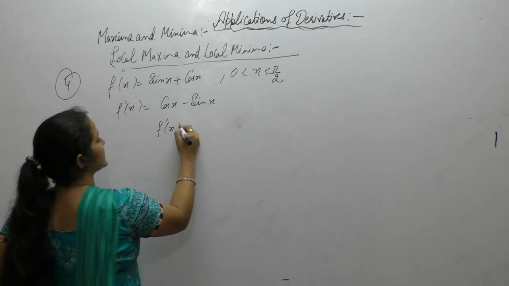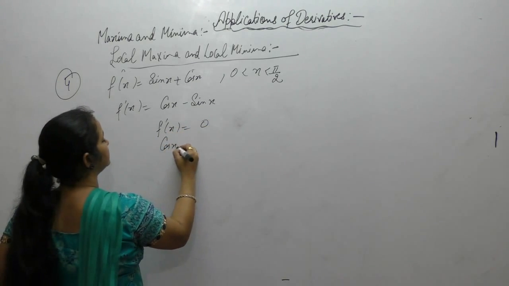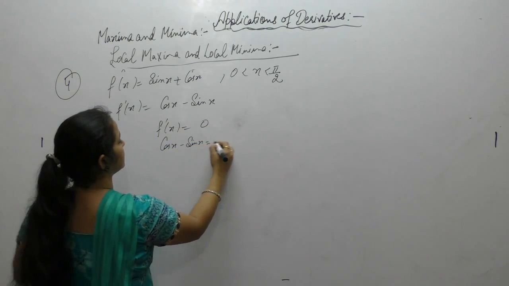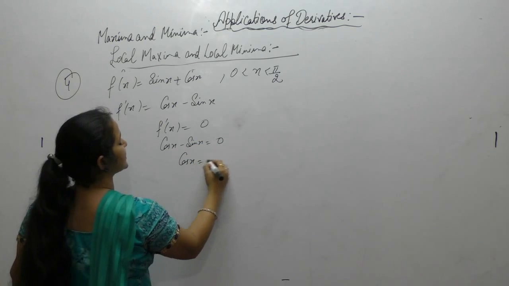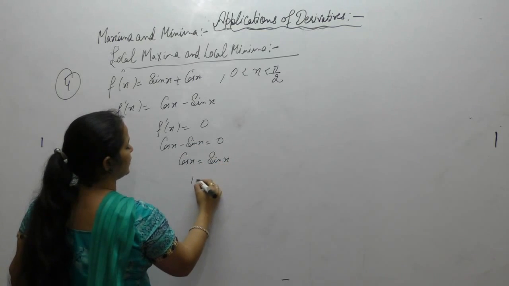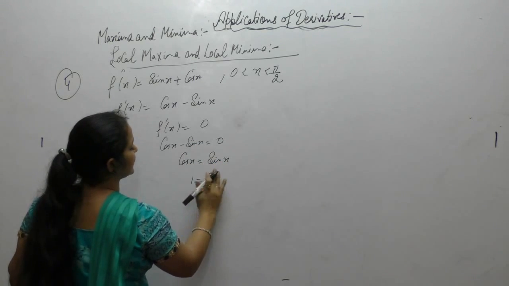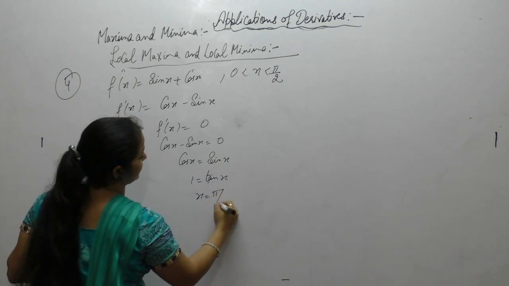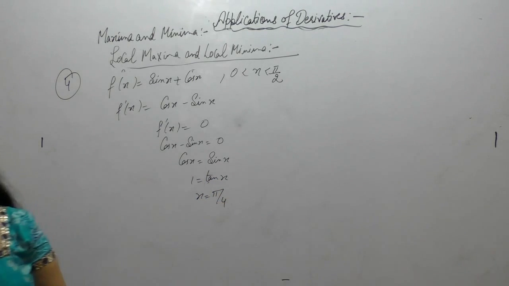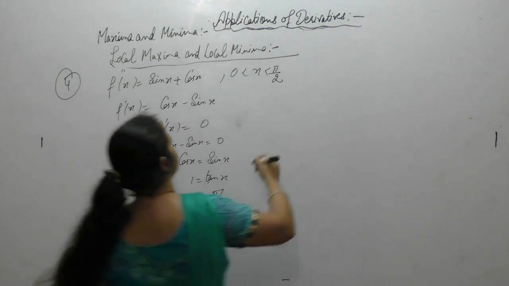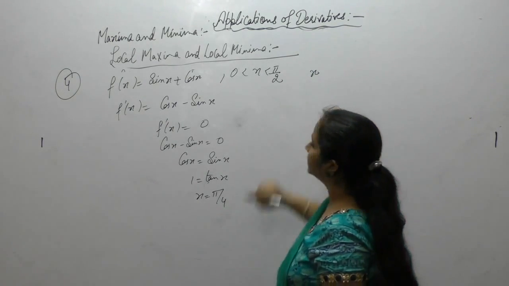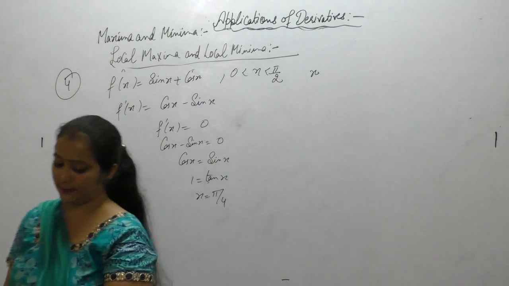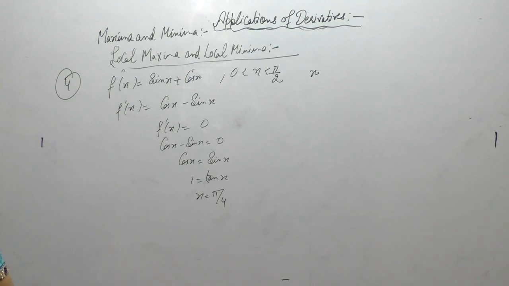Now f dash x equals 0. So what we get? Cos x equals sin x. One is sine upon cos, that is tan x. So we get x as pi by 4. The interval given is 0 to pi by 2. Between 0 and pi by 2, pi by 4 lies.